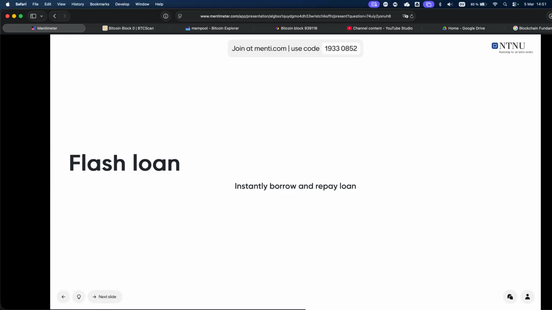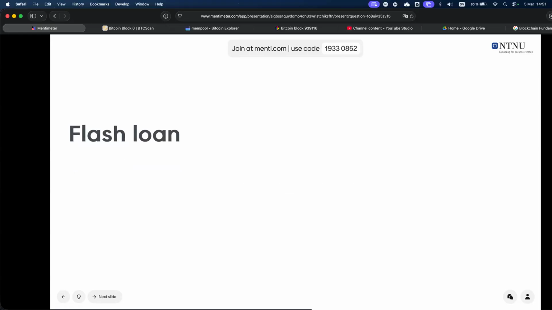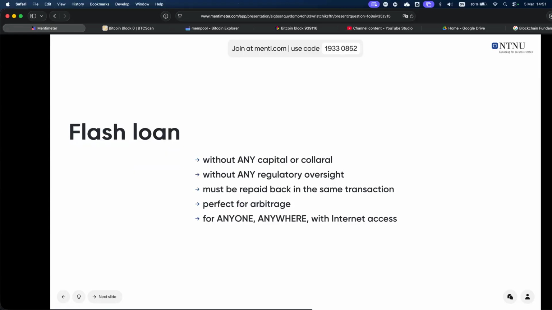So flash loans are a very interesting concept, which allows anybody to take a relatively large loan for just one transaction, and there is no regulatory oversight, nobody is notified and so on. There is no risk. It's perfect for arbitrage, and anyone can do it. You can be a child somewhere with a laptop, and you can do it, right?